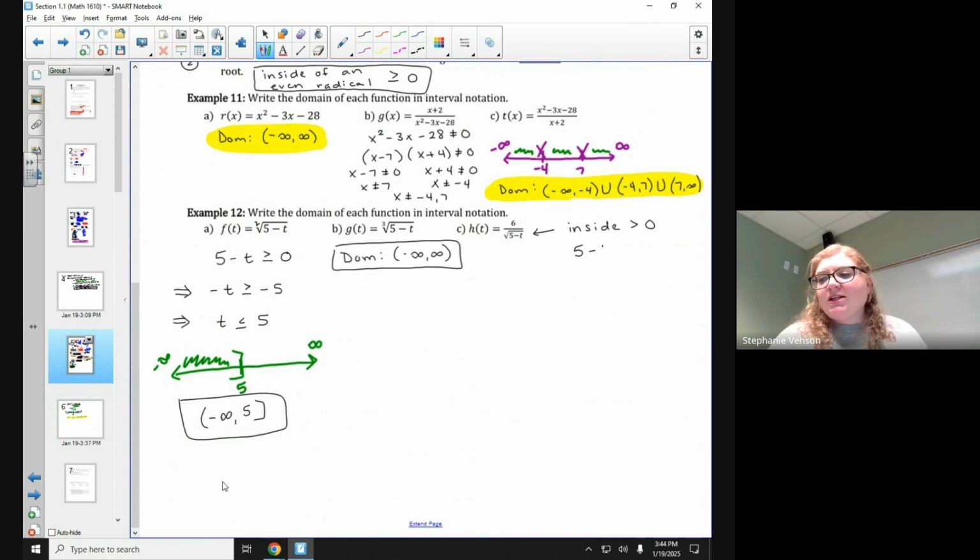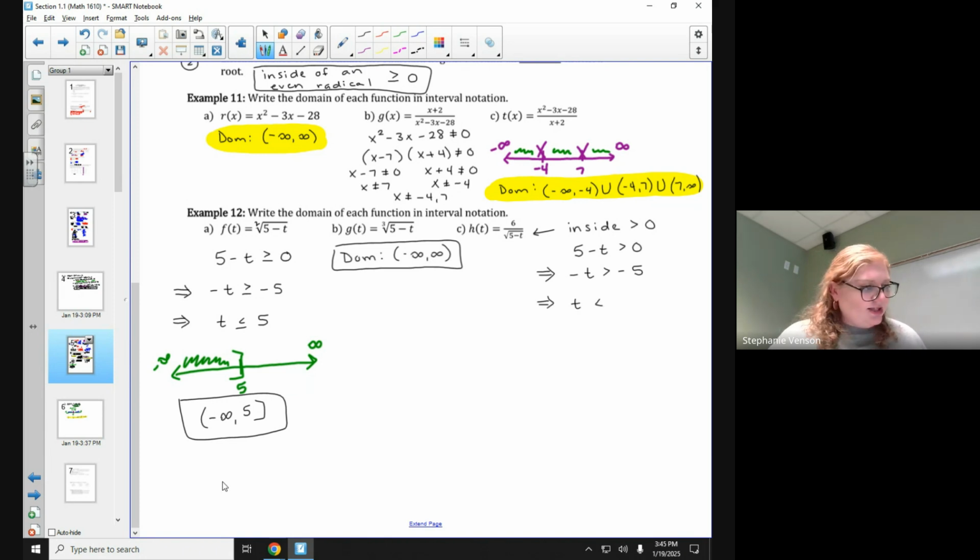So 5 minus t is greater than 0. Same process as last time. Subtract 5 from both sides. Negative t is greater than negative 5. Divide both sides by negative 1 and flip your inequality symbol.